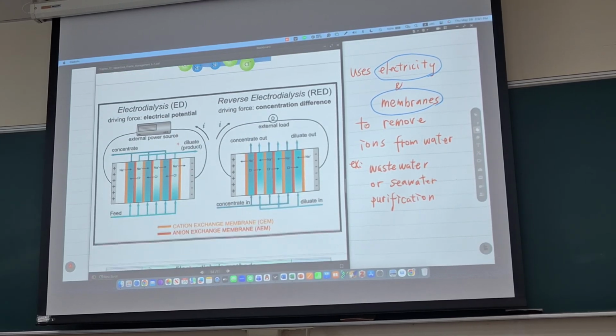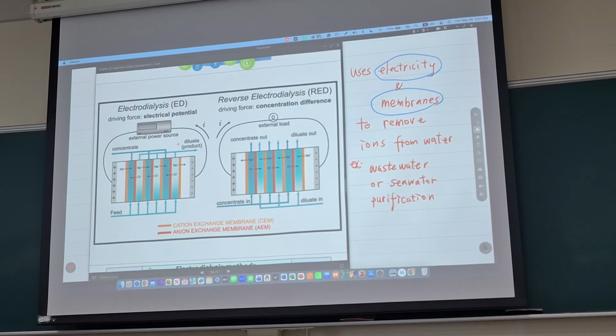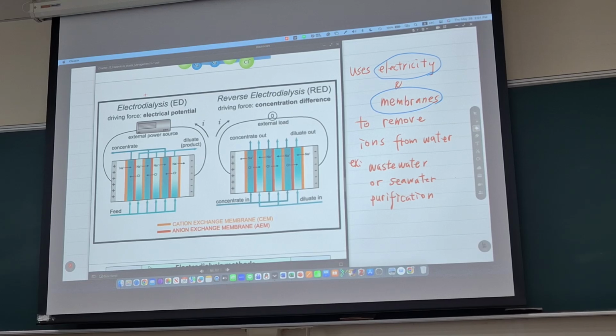Next, I would like to compare the difference between electrodialysis and reverse electrodialysis. The main difference is their driving force.